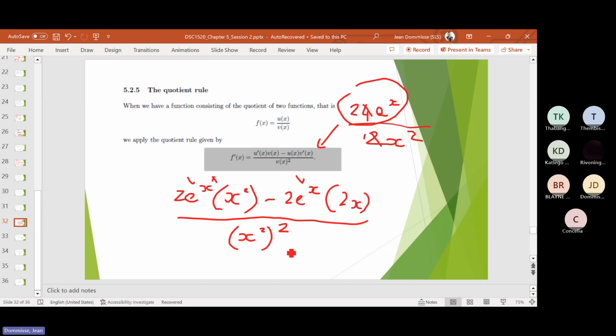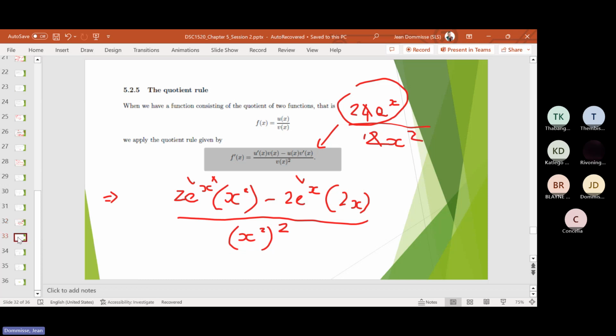And that you need to divide by the bottom one squared. So the top is very much similar to your product or your chain rule. The sign just needs to change. But then important, divide by your bottom one squared. So that is where the extra thing comes in that we need to remember.